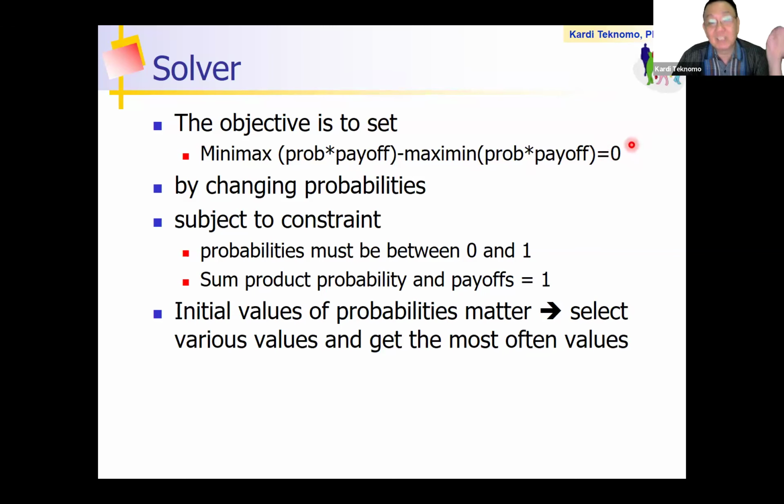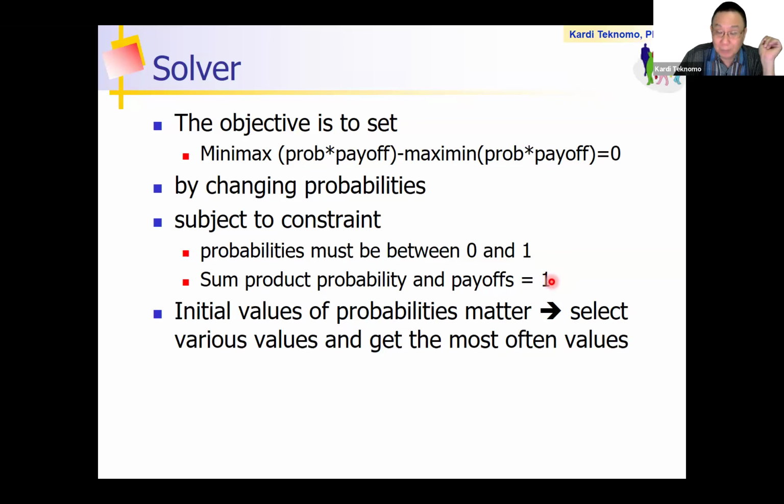This must be 0. This is the objective. You want to get the probabilities of the rows, and this is what is changed by the solver. The constraint is that the sum of these probabilities must be 1, each between 0 and 1.